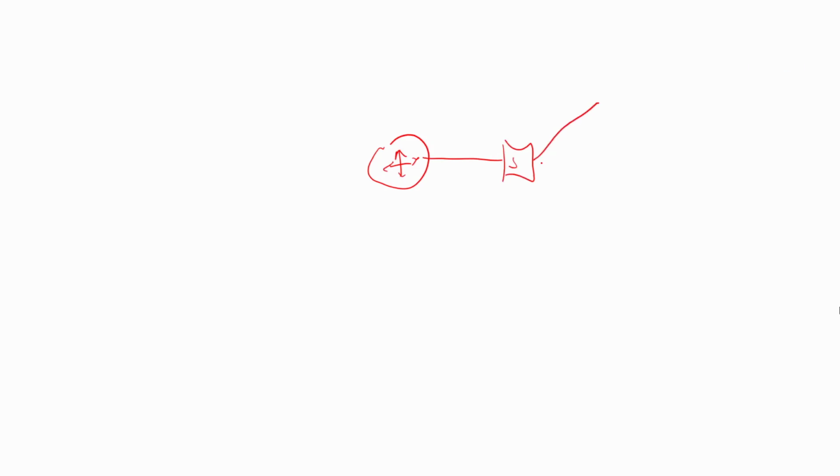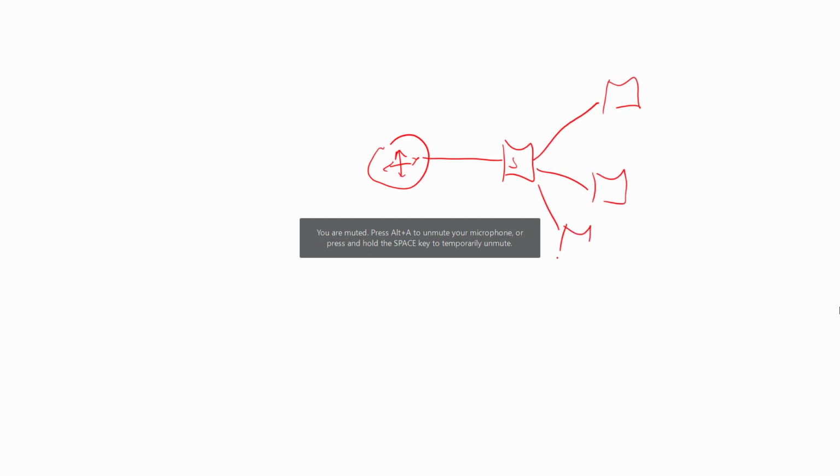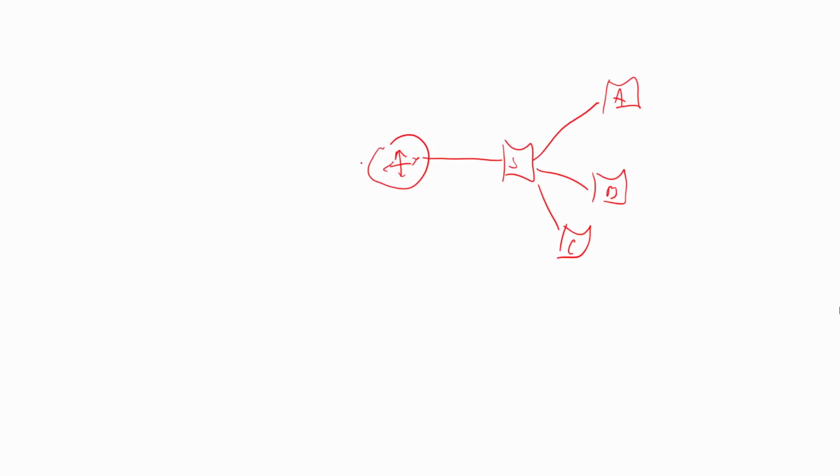For example, we have here our router, here our switch, and here we have 3 computers A, B, C. So we know that a router separates networks, so we need a different network part for these networks.